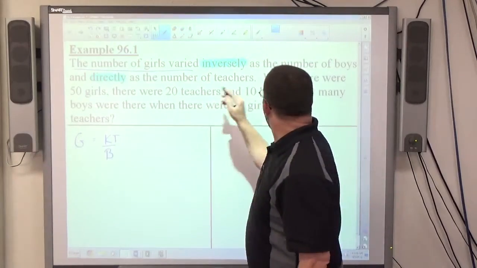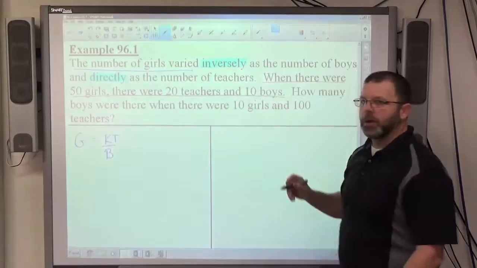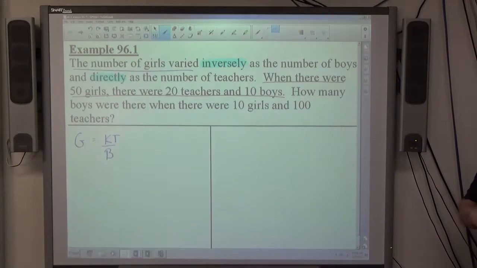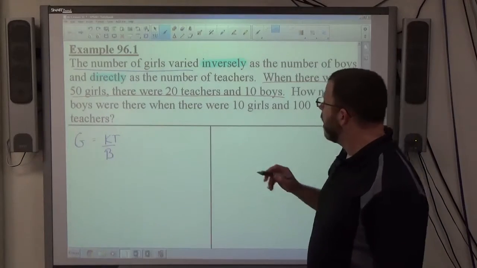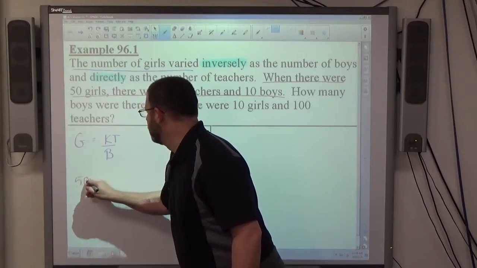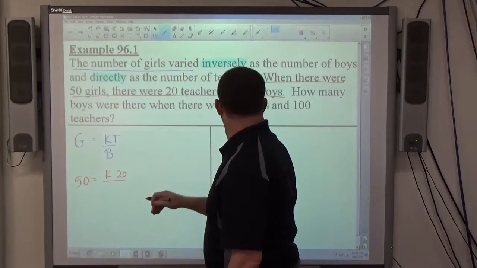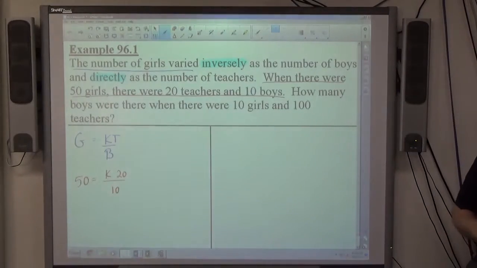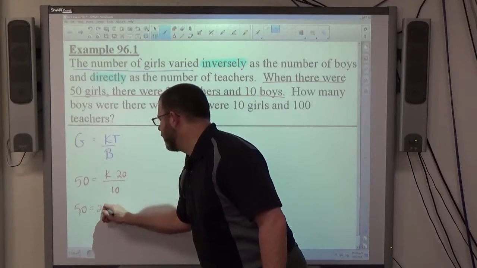When there were 50 girls, there were 20 teachers and 10 boys. So at one moment in time, we know the exact number of girls, teachers, and boys. We don't know the constant of variation, so we substitute everything into the expression. 50 girls, K we don't know yet, 20 teachers, and 10 boys. 50 equals K times 20 over 10, which means 50 is equal to 2K.